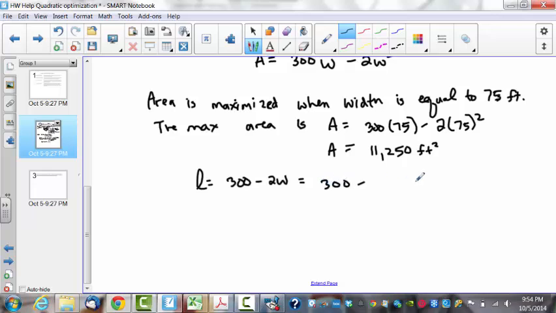So let's plug in our width, which is 75, and we get 300 minus 150, which is 150 feet. So the dimensions are 150 feet by 75 feet.